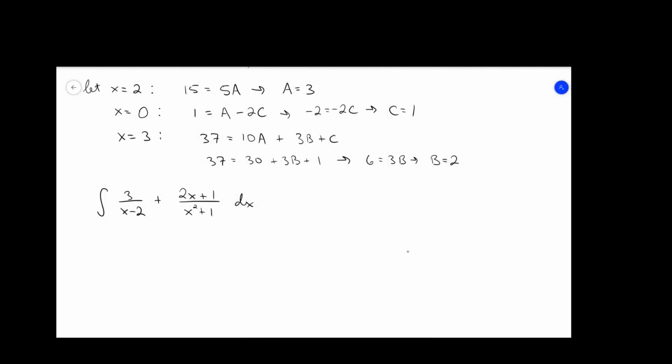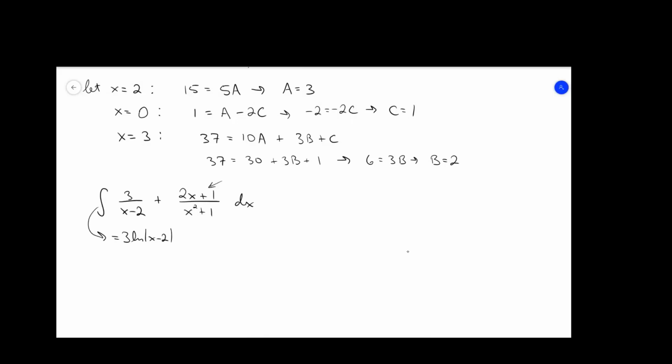So that first one, in fact, is pretty straightforward. The first one is just 3 ln x minus 2. Second one, in fact, I'm just going to split this up. This first one here, easy. 3 natural log x minus 2. The other two, we actually have to split that up into 2 integrals.